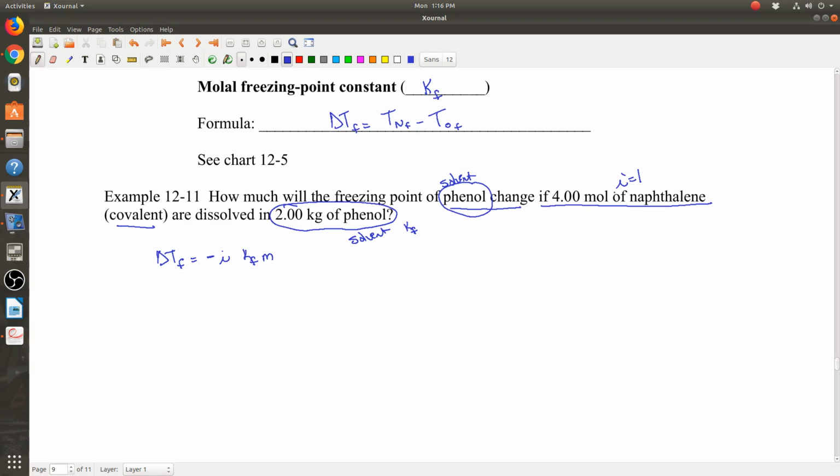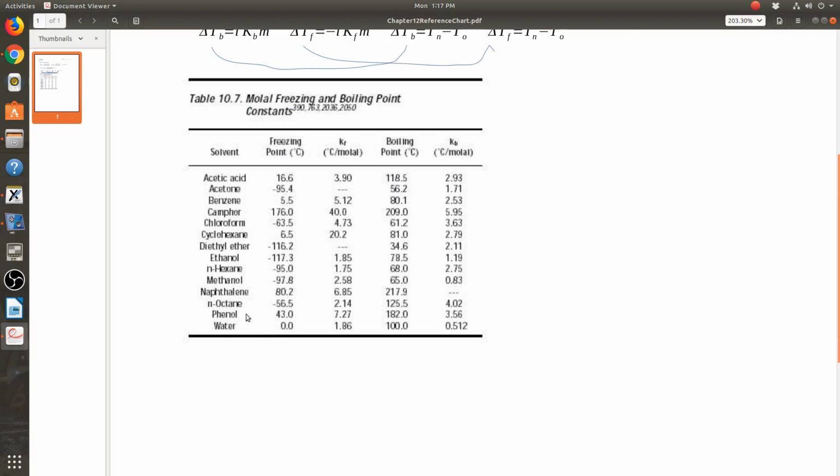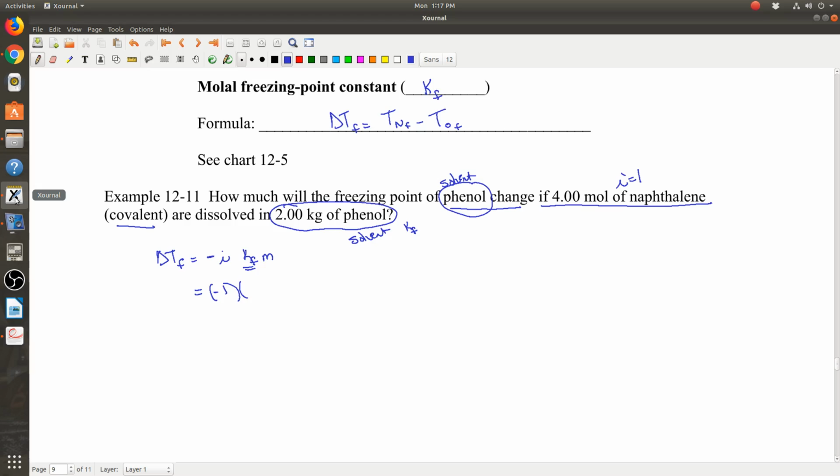All right. So what do I know? I know i. i is 1, so it's a negative 1. The K sub F for phenol, that's the solvent. I'm going to look on my reference sheet. Phenol. All right, K sub F is 7.27 degrees Celsius per molal.